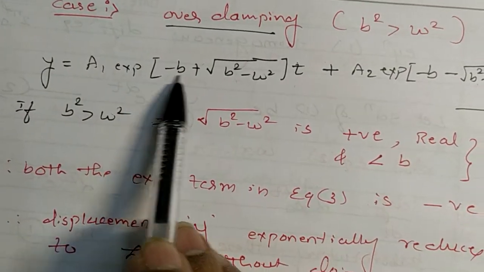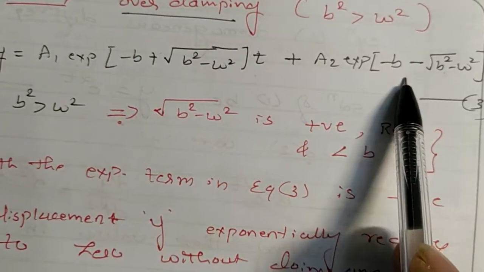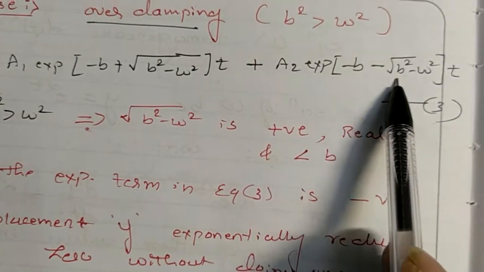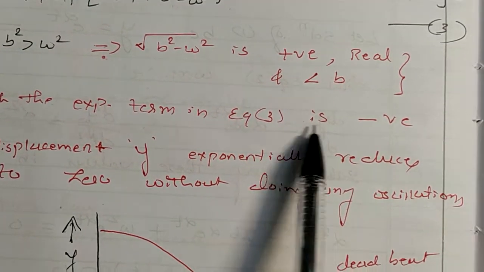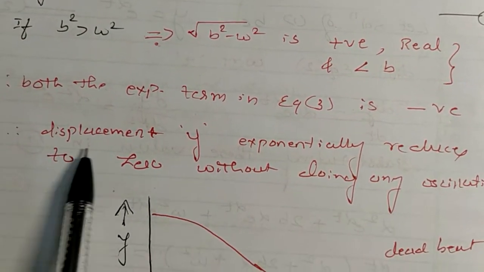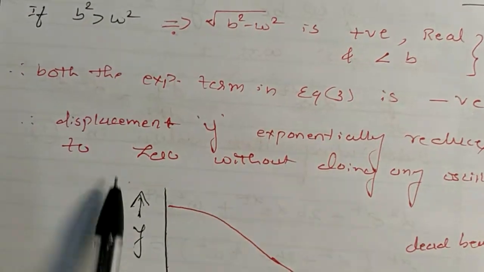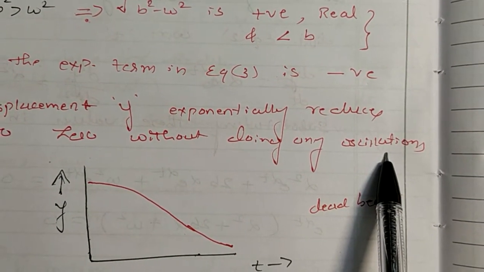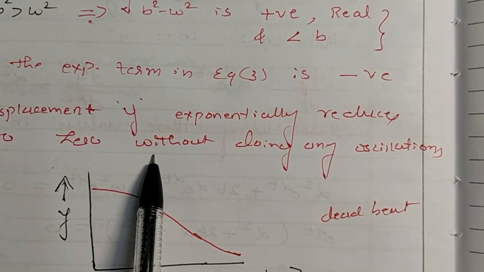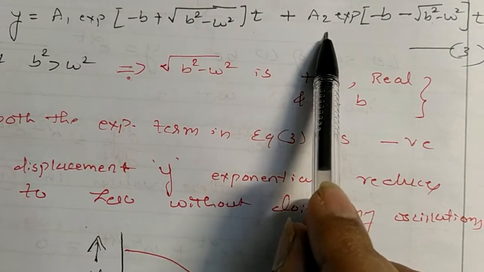Therefore both exponential terms in equation 3 are negative, so the displacement y reduces exponentially to 0 without any oscillation. The displacement rapidly reduces to 0 because both exponential terms in the displacement equation are negative.